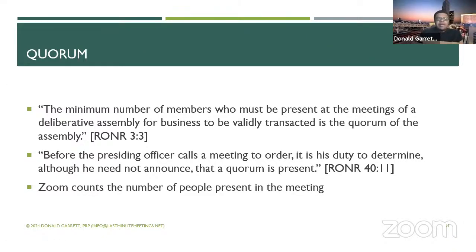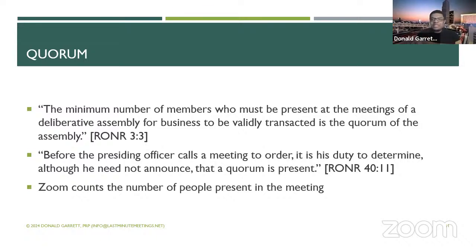When you have access to your meeting, the first thing, when we're talking about meetings in Robert's Rules of Order, is you have to have your quorum, right? Your quorum is the minimum number of people who have to be present in order for it to be a valid meeting. And it's a presiding officer's job to count to see if there are enough people present for it to be a quorum.